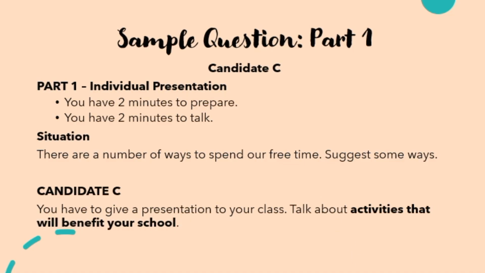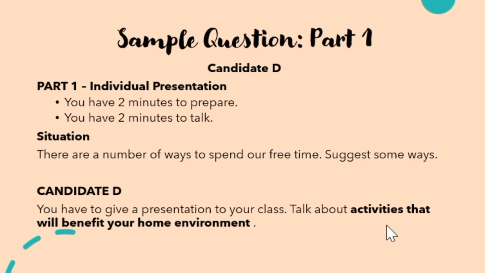This here is the task for candidate C. So if you are candidate C, your task is for you to talk about activities that will benefit your school as a way of spending your free time. And this here is the question for candidate D. If you are candidate D, your task is for you to talk about activities that will benefit your home environment.